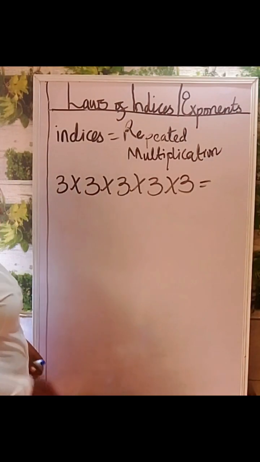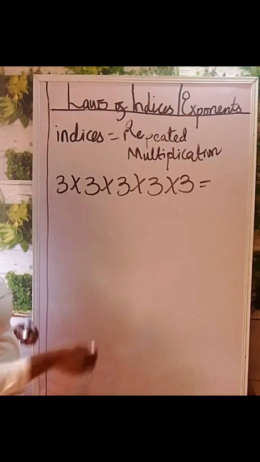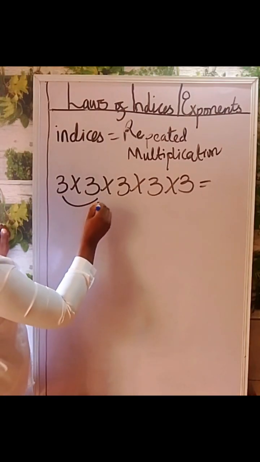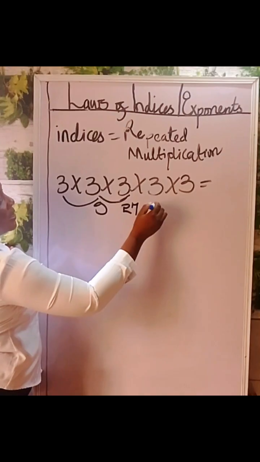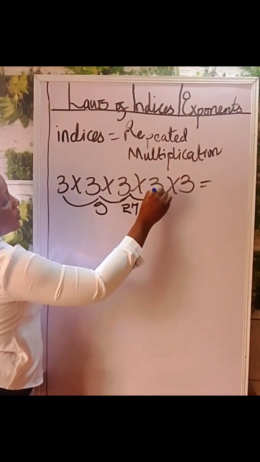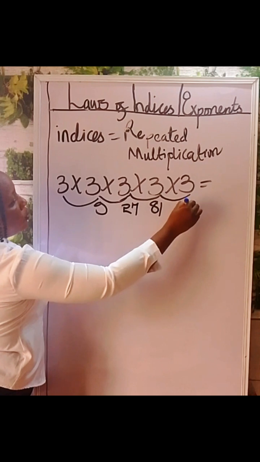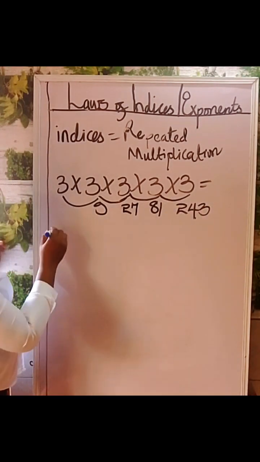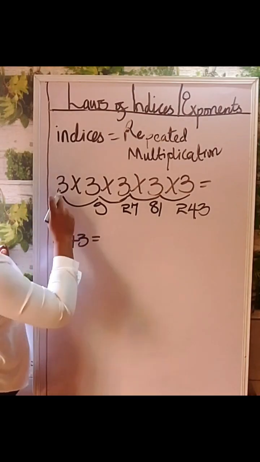Another example is 3 times 3 times 3 times 3 times 3. Let's do it together. 3 times 3 is 9. 9 times 3 is 27. 27 times 3 is 81. 81 times 3 is 243. So instead of writing 243, we simply write the base number.